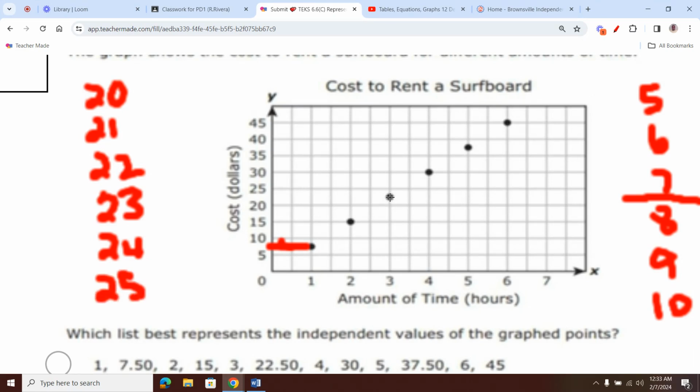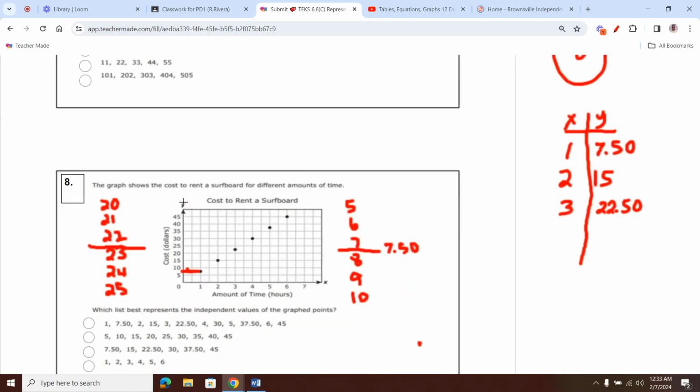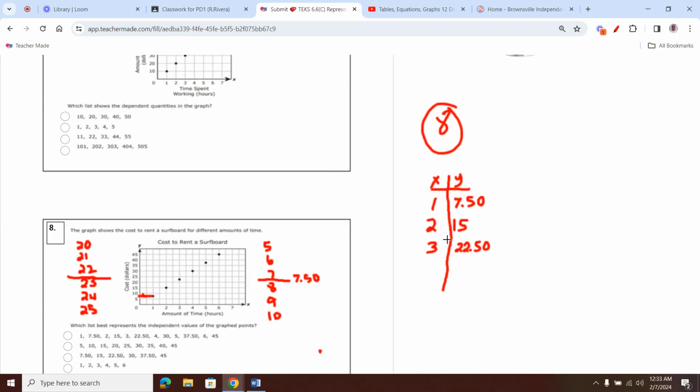You see this one? It's between those. So I know that it's going to fall between these two. And what's between 22 and 23? 22.50. So that's how I'm getting the ones that are between.